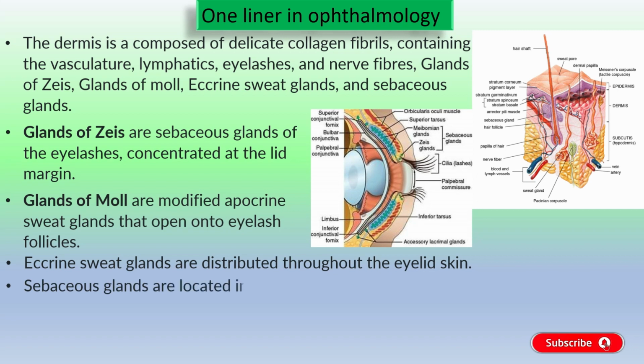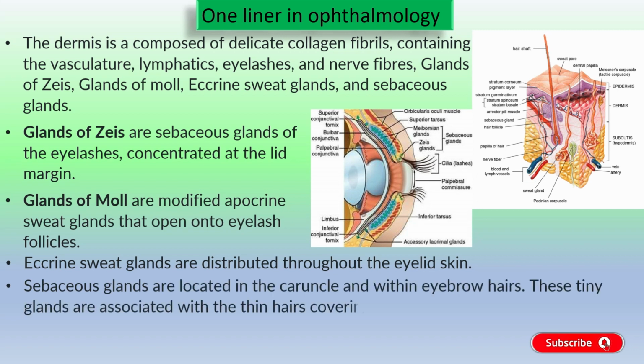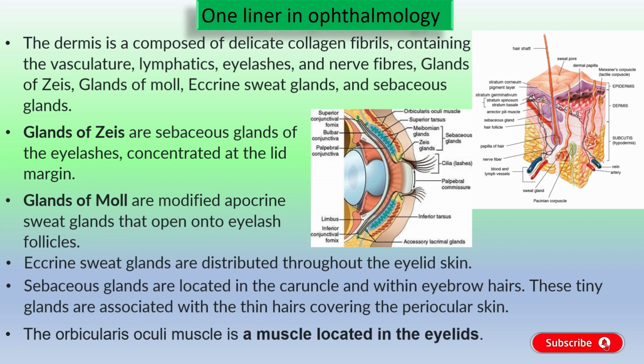Sebaceous glands are located in the caruncle and within eyebrow hairs. These tiny glands are associated with the thin hair covering the periocular skin. The orbicularis oculi muscle is a muscle located in the eyelids.